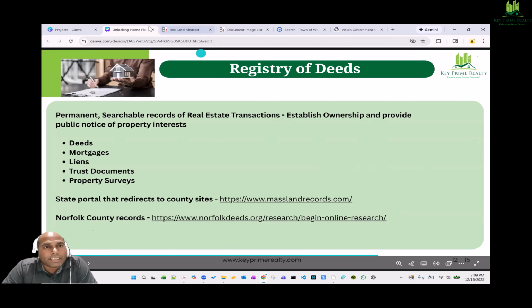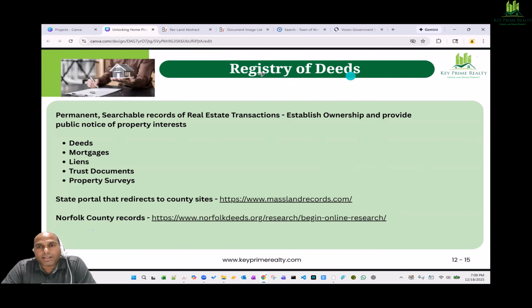So that's the registry of deeds, and what gets recorded: various types of restrictive covenants, mortgages, easements, or any other publicly announceable items. These are quite important, because if somebody feels this is important, that anybody who is ever claiming ownership of this property down the line should know about it, it gets recorded here.